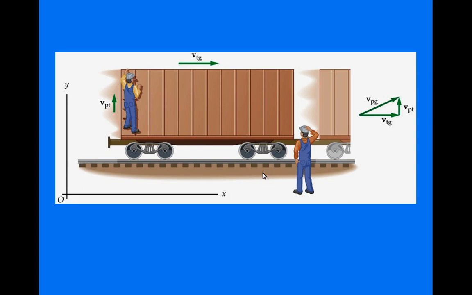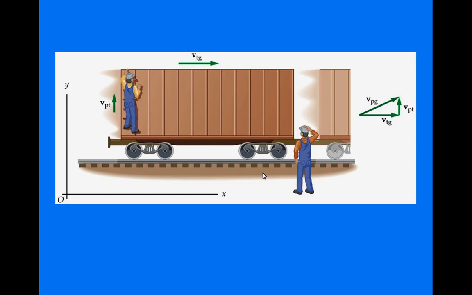So for the vector sum, we're going to make the inner and outer subscripts match. The velocity of the person relative to the train plus the velocity of the train relative to the ground gives us the velocity of the person relative to the ground.